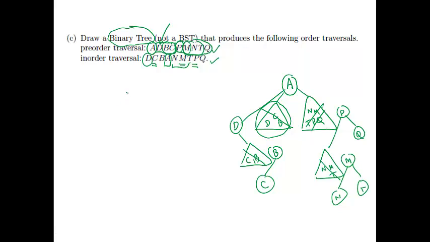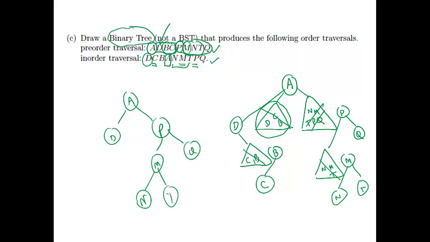So finally we claim that the tree looks like this: A, D, P, M, Q, and then N and T, and then B and C.